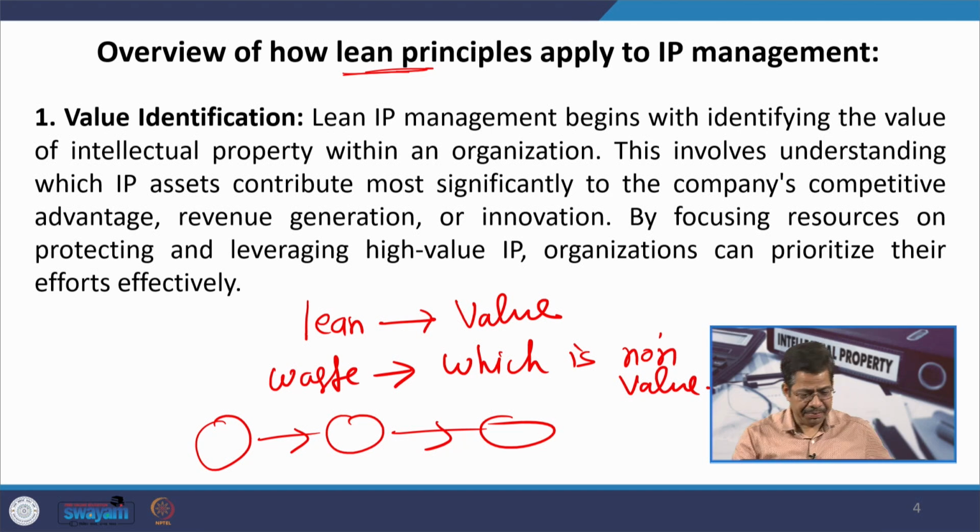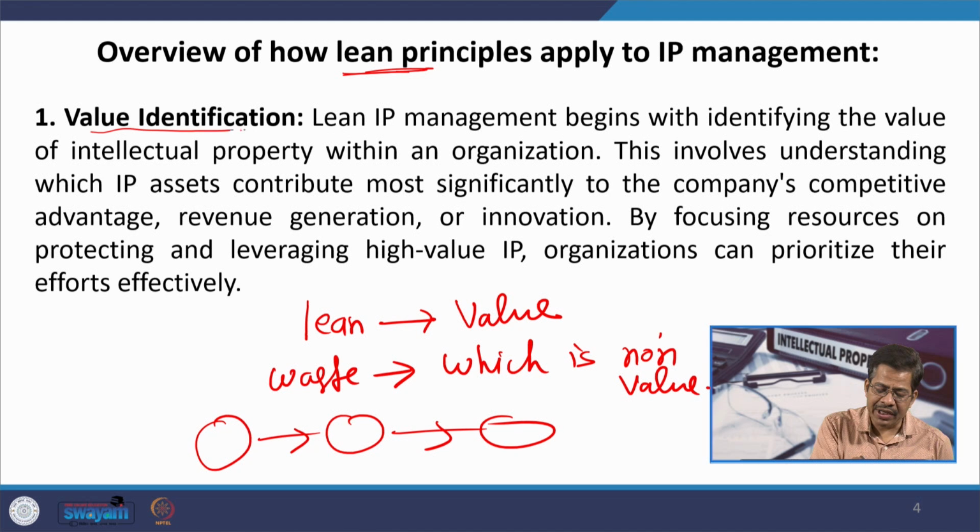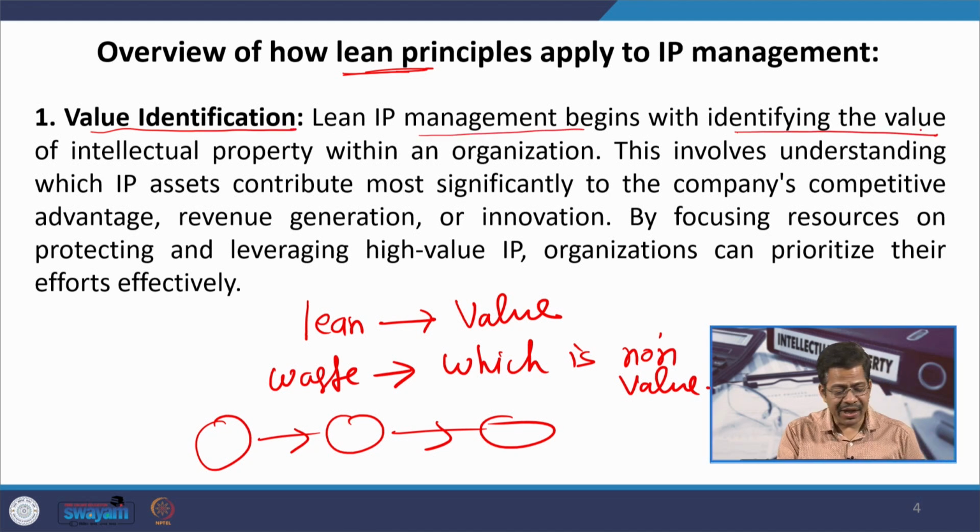Just one example. Now, therefore, the first principle which we will be talking about in lean IP is value identification. Lean IP management begins with identifying the value of IP within the organization. Whether this entire IP is adding any value to my organization or not. Particularly, this question is very, very important for startups.